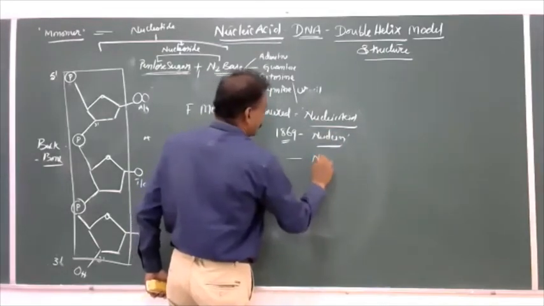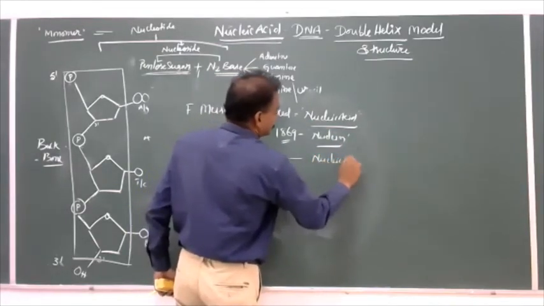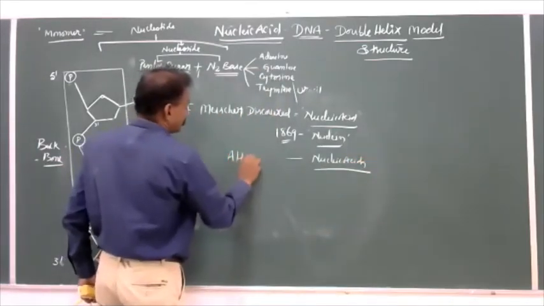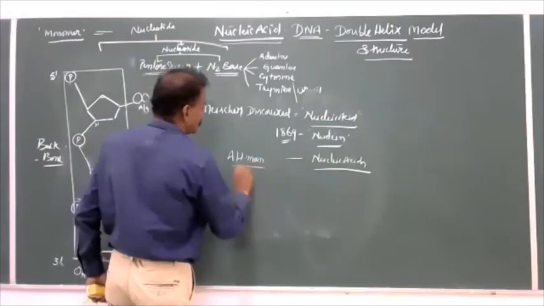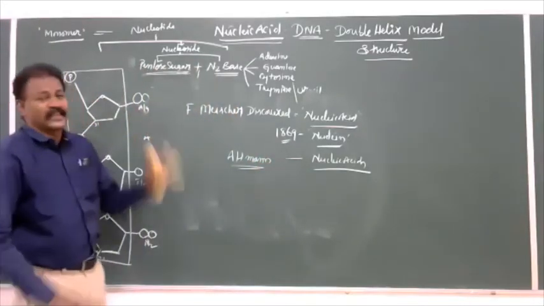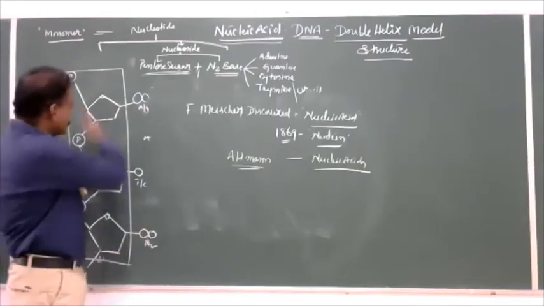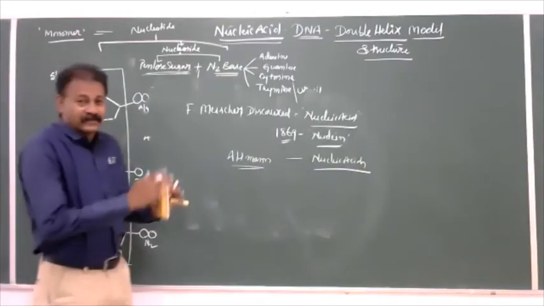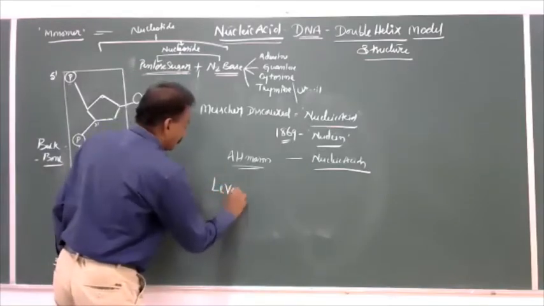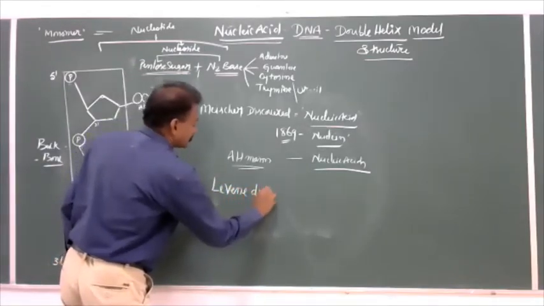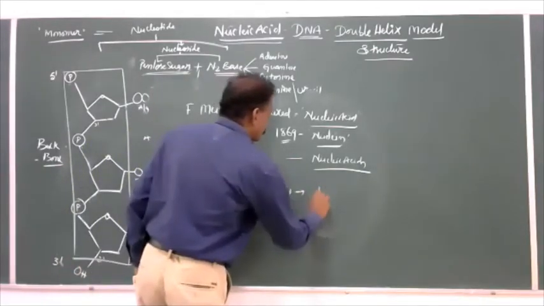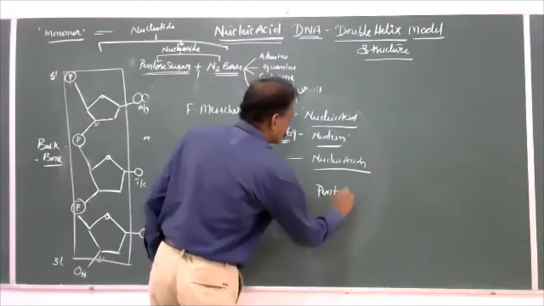Later, nucleic acids were studied by Altman. Later, these nucleic acids were found to have this type of composition. Gradually, pentose sugars were discovered.